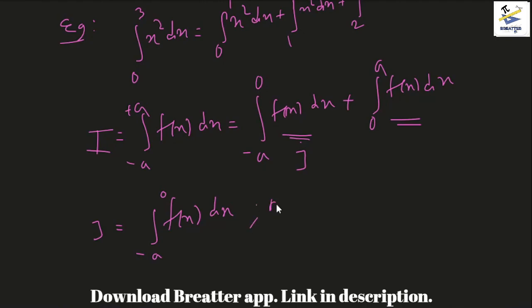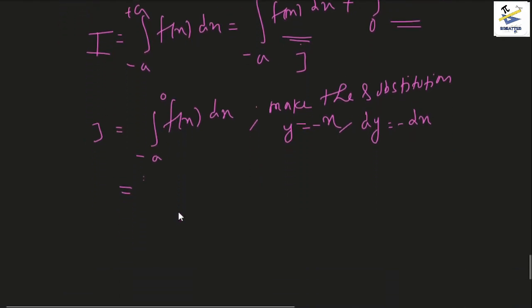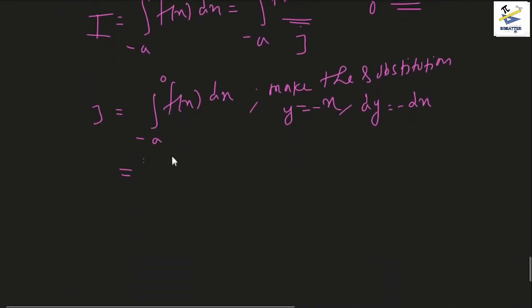Make the substitution. So we make the substitution y equals minus x, where dy would be equal to minus dx. This would give us, I'm going to figure out the limits later.